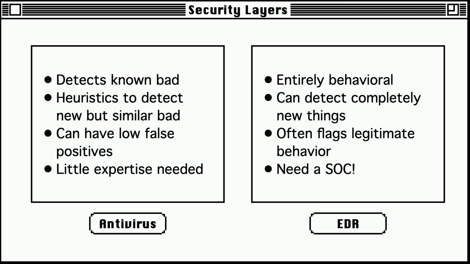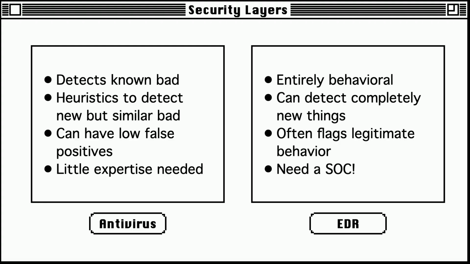The good thing about antivirus, it usually has low false positives, not always, but in theory it should. And you really don't have to have a whole lot of expertise to use it. It says, hey, this thing is bad, I'm getting rid of it for you. And you only have a problem when that thing wasn't actually bad.